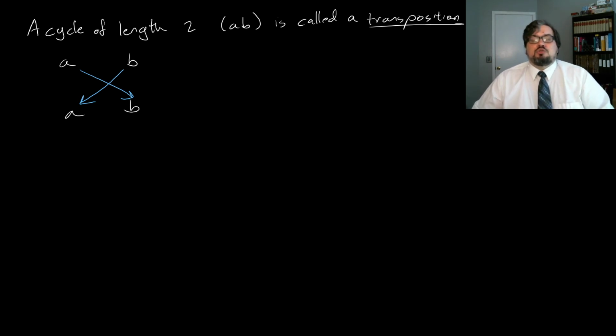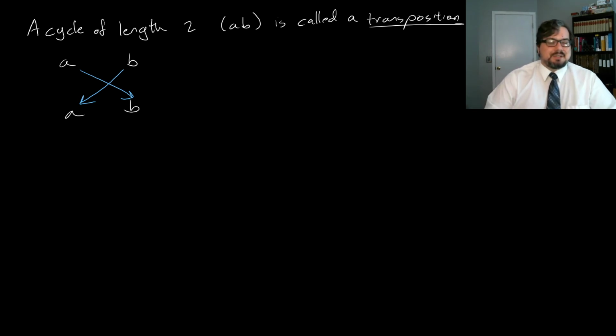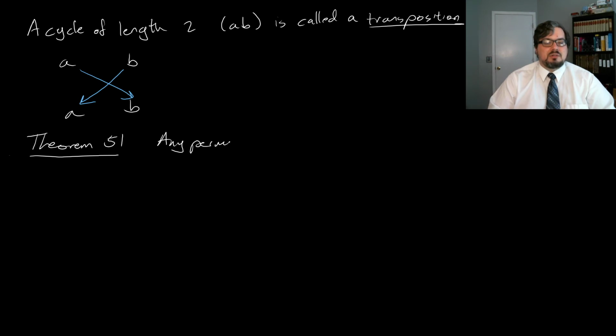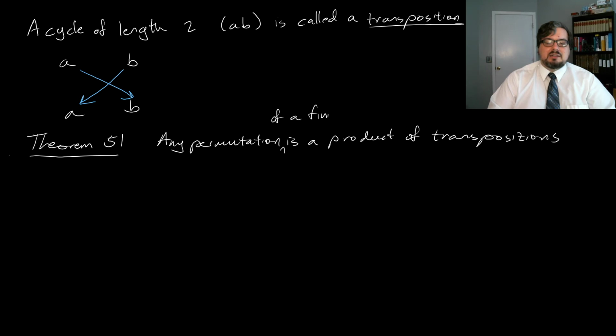Proving that the same thing is true in general here is not terribly difficult. So let's look at Theorem 51, which says that any permutation of a finite set is a product of transpositions.